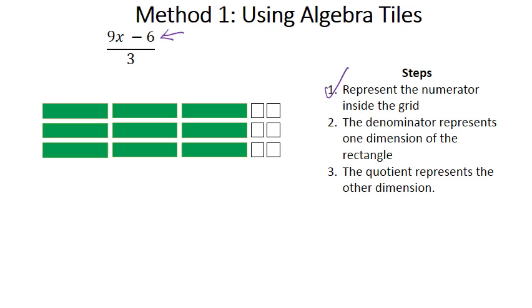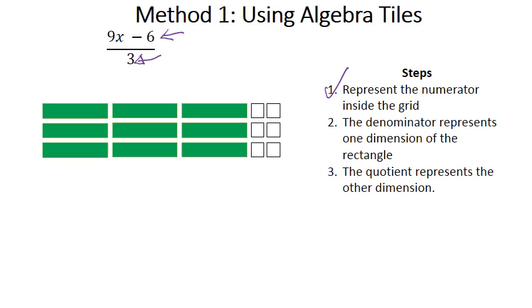Step 2 is that the denominator represents one dimension of the rectangle. In this example, my denominator is 3. If I look at my rectangle here, it could be this side or it could be this side. Which side is represented by a 3, and how can you tell just by looking at it?